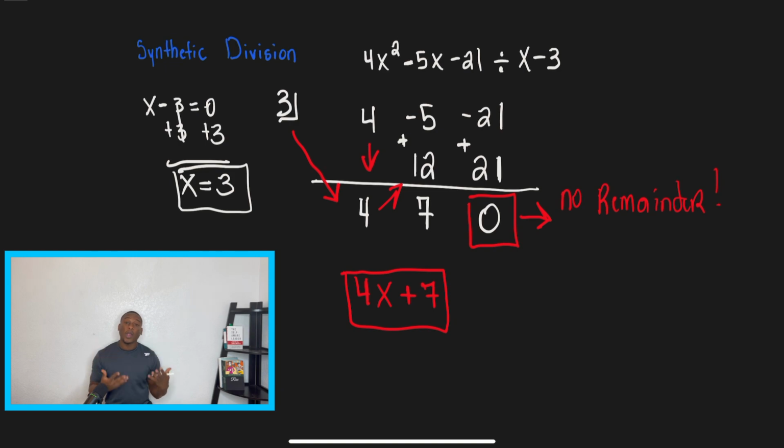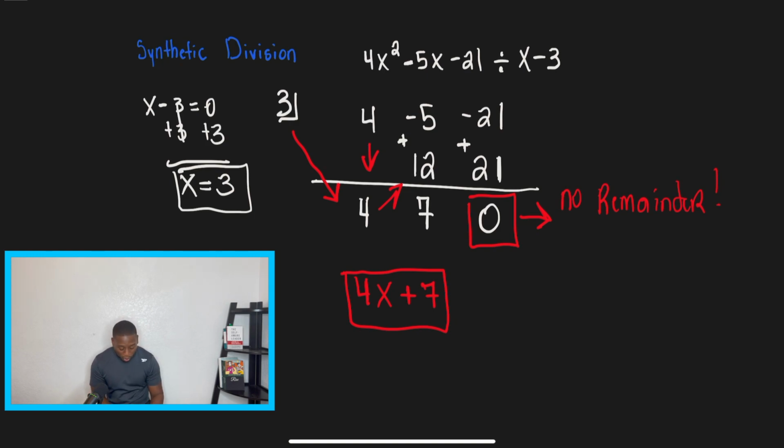That's how we get the squared term. If we had 4x squared, once we multiply by x minus 3, we're going to get 4x to the third power. So that's one of the very small tricks. Try not to forget those exponents when we're talking about the variables as well.